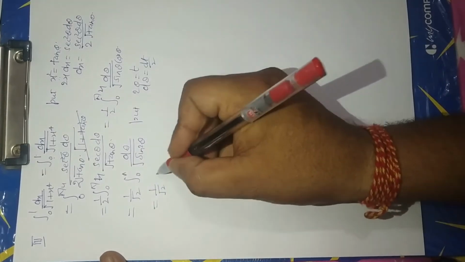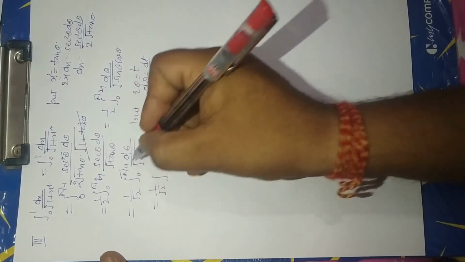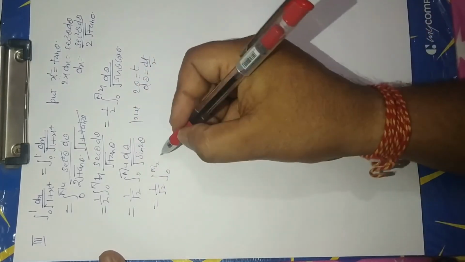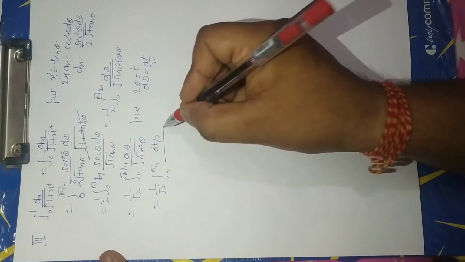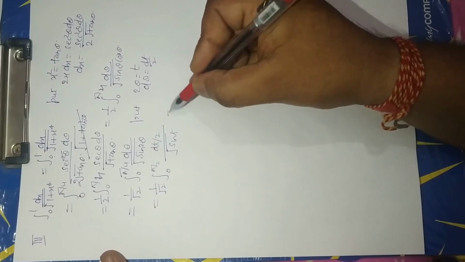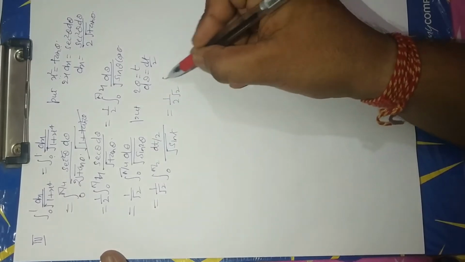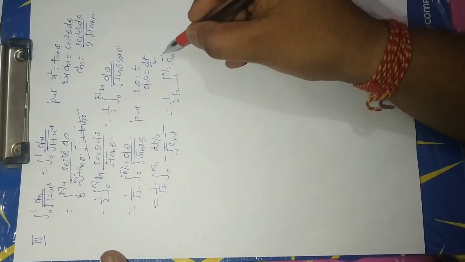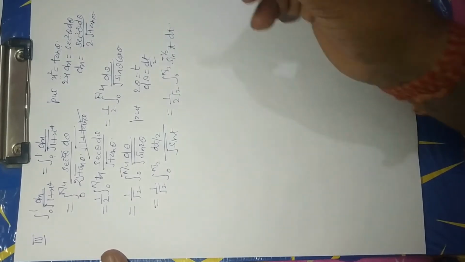This is equal to 1 upon under root 2, limit 0 to pi by 2, dt by 2 under root sin t. Now 1 upon 2 under root 2, limit 0 to pi by 2, sin to the power minus half t dt.